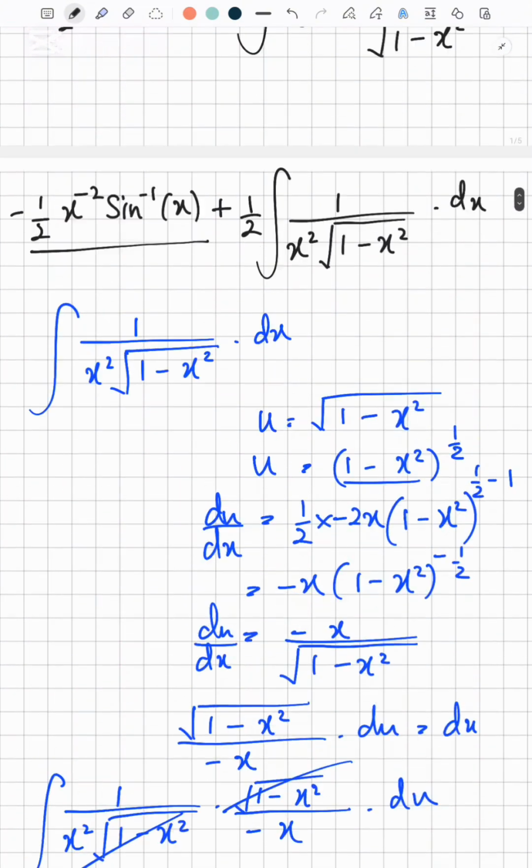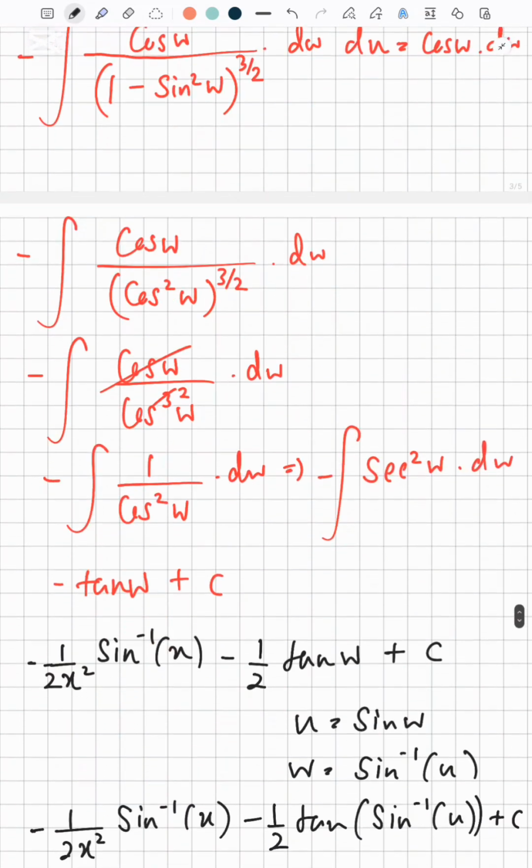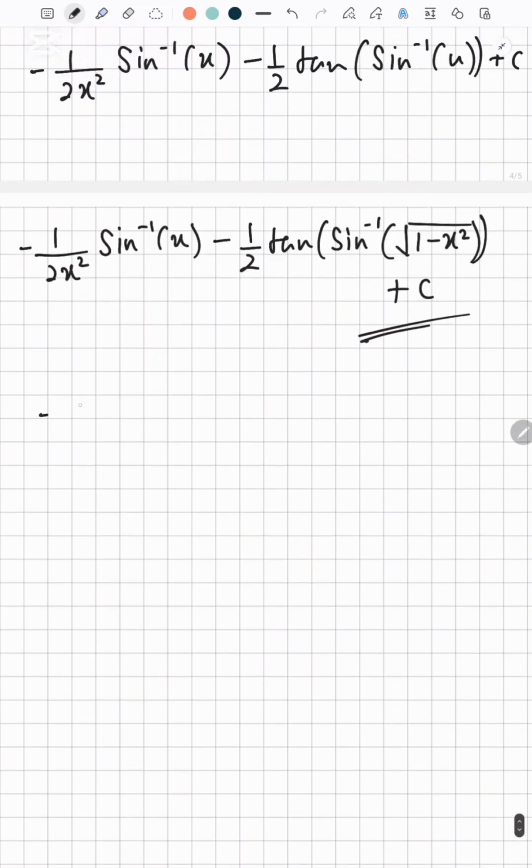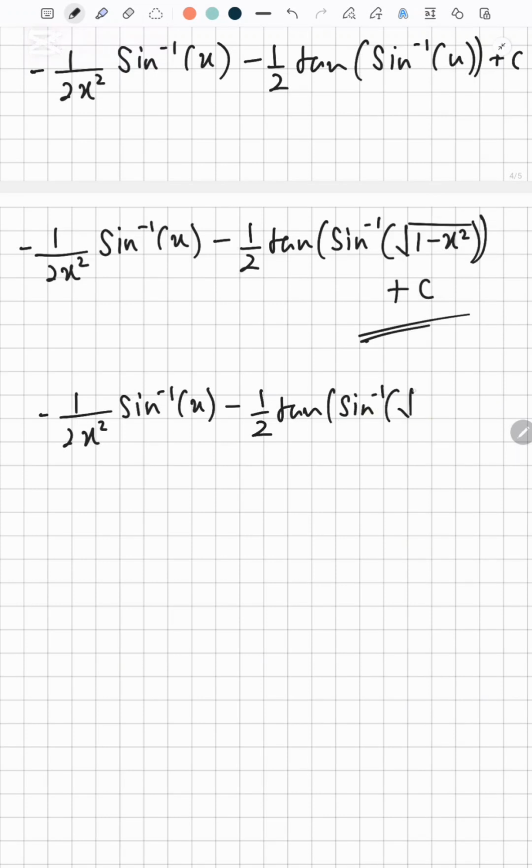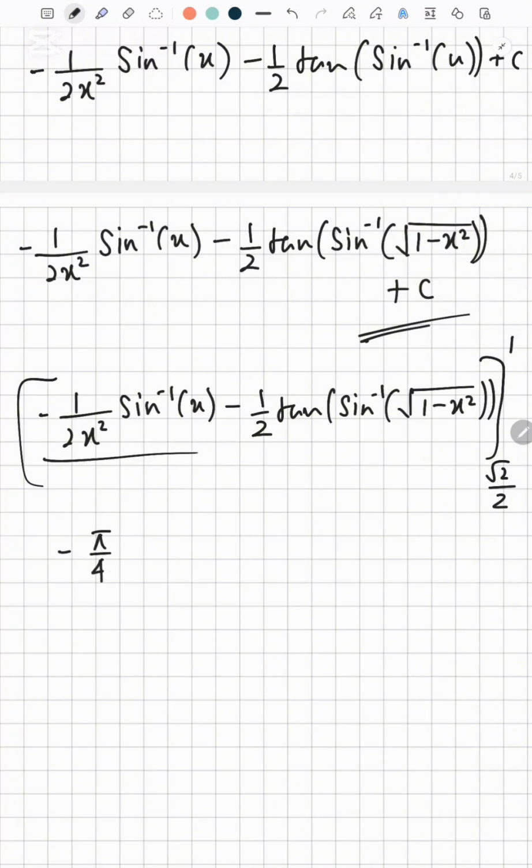But they've given us two intervals, right? They've given us the intervals of 1 and root 2 over 2 for half tan sine inverse root 1 minus x squared. Now you put in the intervals, so you have to use your calculator for that. When we substitute 1, we get minus pi over 4, because this is the only part we have to deal with. This is 0 anyway, we don't have to worry about that.